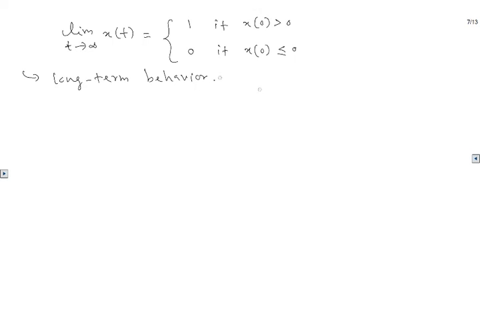Okay, so now as the final example, let's look at the general logistic equation, the general logistic model. So what's the general logistic model?